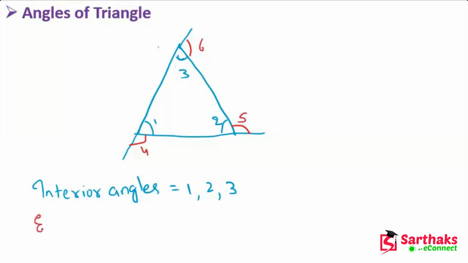So the exterior angles are 4, 5 and 6. Angles 1, 2 and 3 are the interior angles, and if we extend the sides of a triangle in the outward direction, then the three exterior angles, angle 4, angle 5 and angle 6, are consecutive to angle 1, angle 2 and angle 3 respectively.